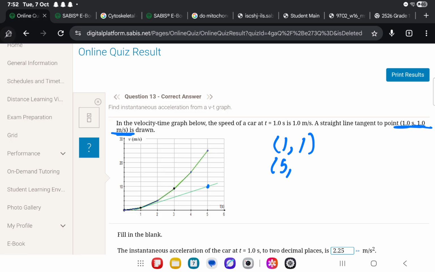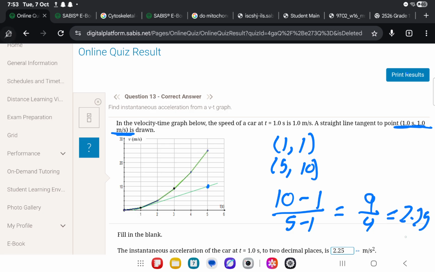We have 5 comma 10. Now 10 minus 1 over 5 minus 1. So this gives me 9 over 4, 2.25. Yes, 2.25 meters per second squared. That's the end of the answer.